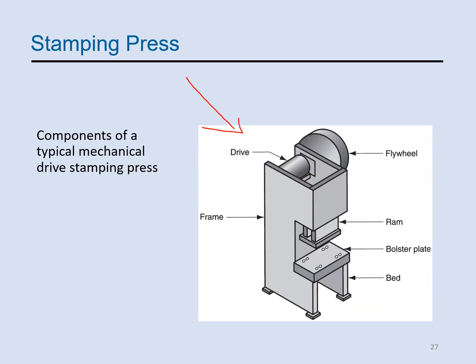This machine is a stamping press, and it has components shown. For example, this part is a frame. We have a flywheel, which is connected to an electric motor or hydraulic power to drive the ram. We have a punch holder attached to the ram, as well as the die holder attached to the bolster plate of the press bed, this part.